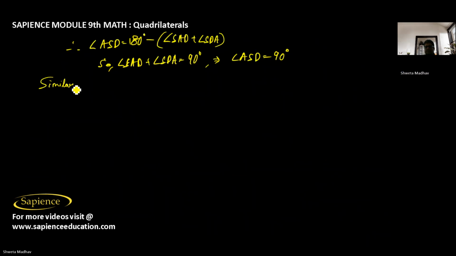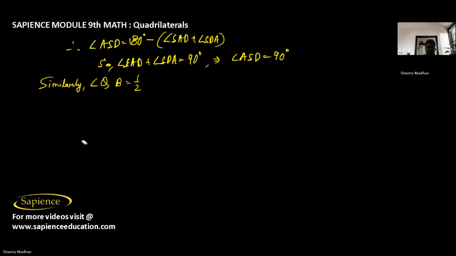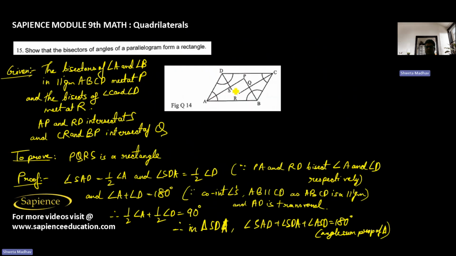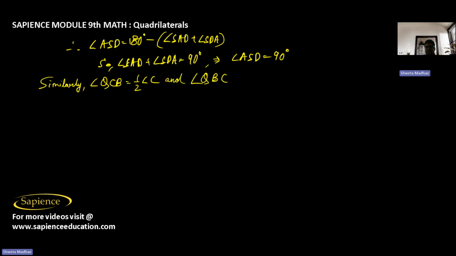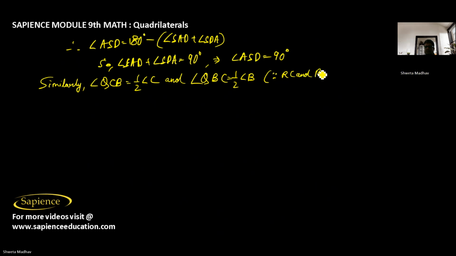Similarly, we can see that angle QCB is equal to half of angle C, and angle QBC is equal to half of angle B, since it is given that RC and PB are bisectors of angle C and angle B respectively.